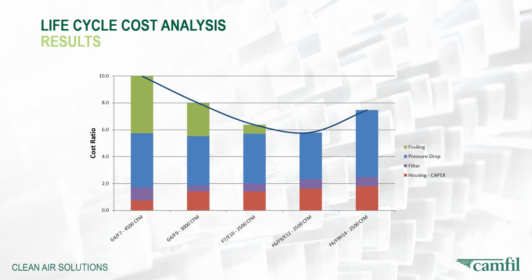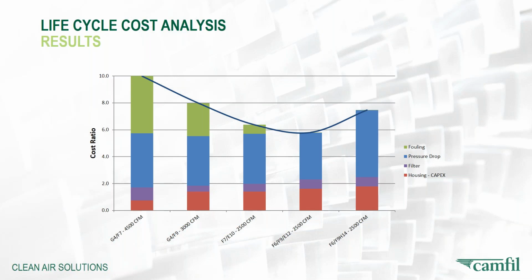Then we looked at 3 options using a more conventional airflow per filter at 2,500 CFM, which is kind of an accepted industry standard. And we started using EPA class or very high efficient filters as the final filter to do an evaluation. And the green bar really came down and pretty much disappeared after we did that.